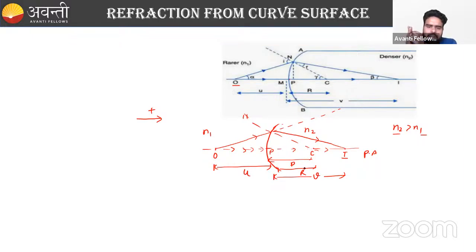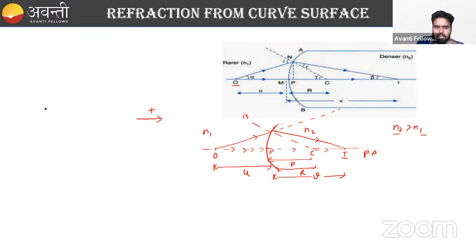Whenever we consider all the aspects of ray optics, we consider only paraxial rays. And in the case of a paraxial ray, the angle made by the paraxial ray with the principal axis is very small.